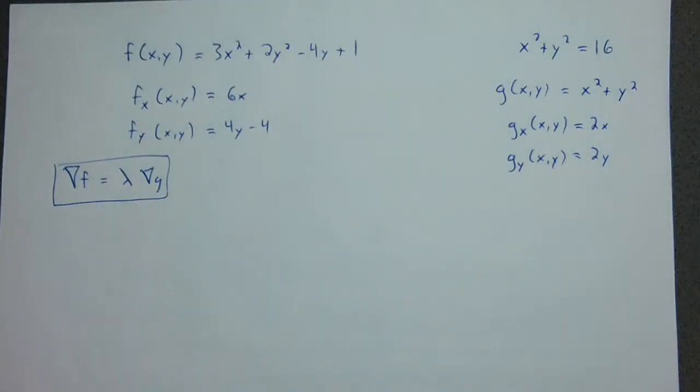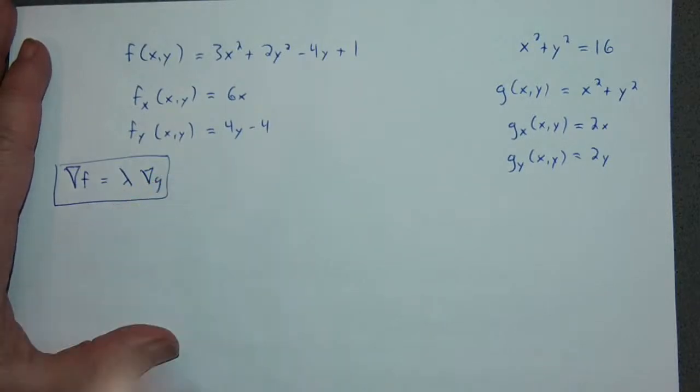So wherever f is going to have one of these global maxes or mins, this has to occur. And so we want to seek out all points which satisfy this equation. Those are our candidate points. It's not a guarantee that anything's going to happen there. It's just that it can happen.